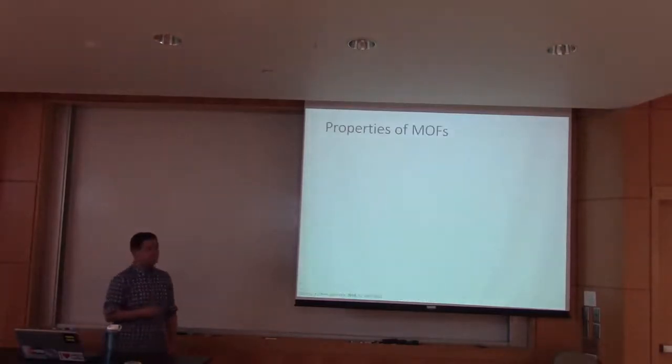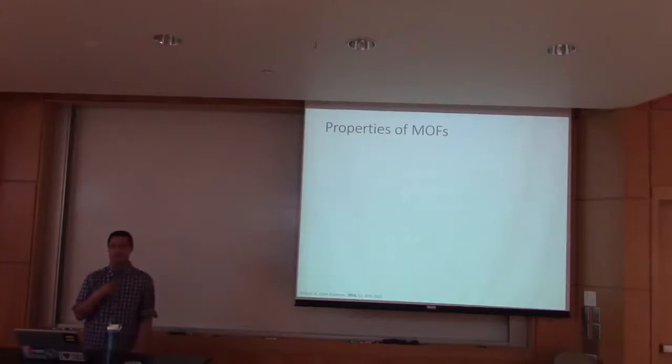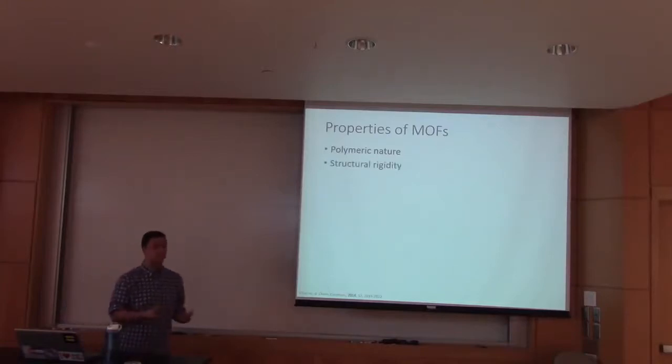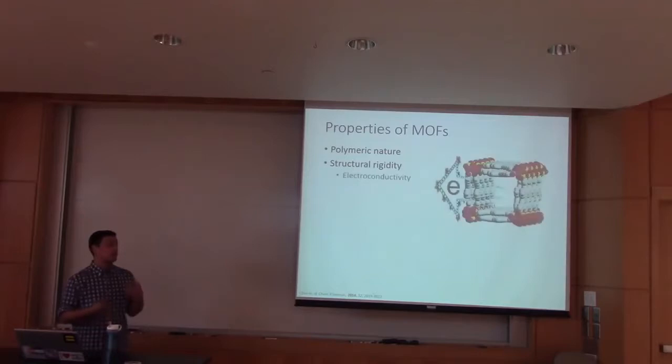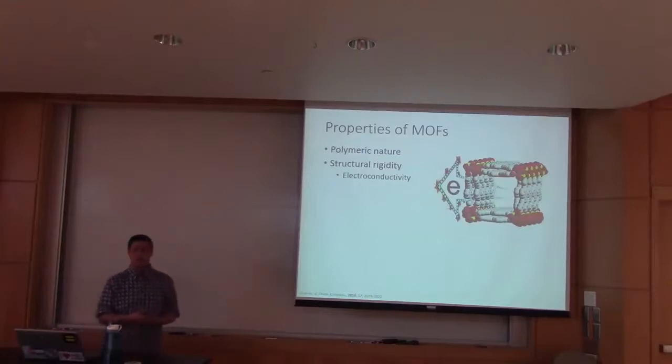So that's the end of the digression in terms of porosity and whatnot. Let's get back to talking about the thing that I find interesting from my research. And that's dealing with the properties of the polymeric nature and structural rigidity of MOFs, and specifically their potential use for electroconductive properties. And as of about 2012, chemists were still questioning the conductive nature of MOFs.